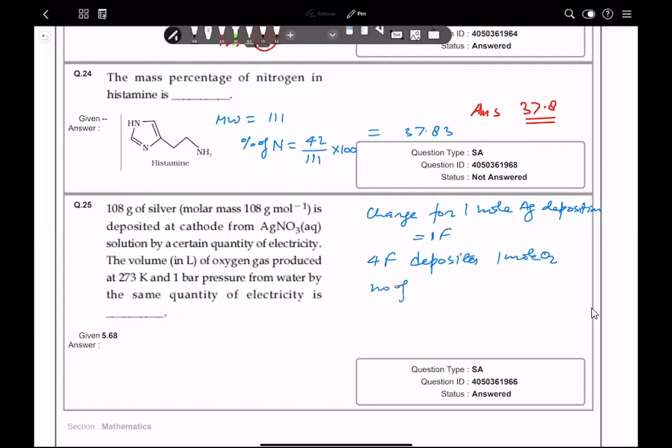So the number of moles of oxygen produced is 0.25. When we know at 1 bar and 273 Kelvin, the volume of 1 mole of gas is 22.7 liters, so the volume of oxygen is 0.25 into 22.7.